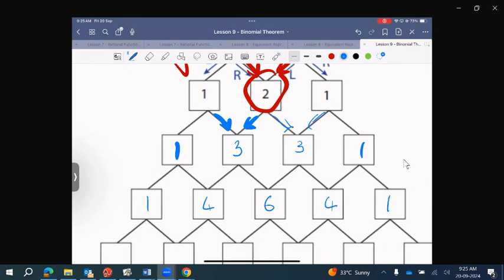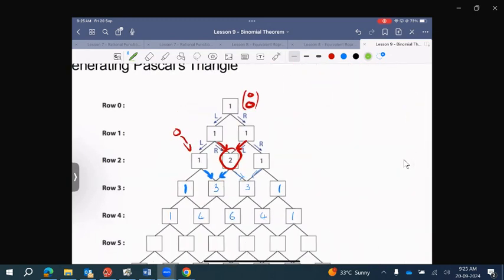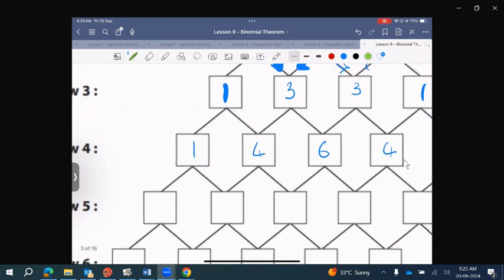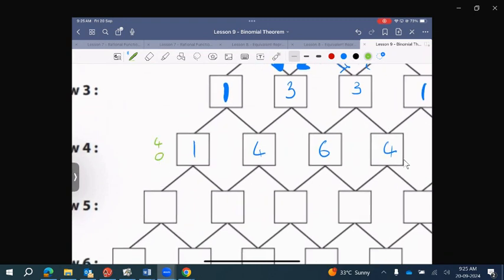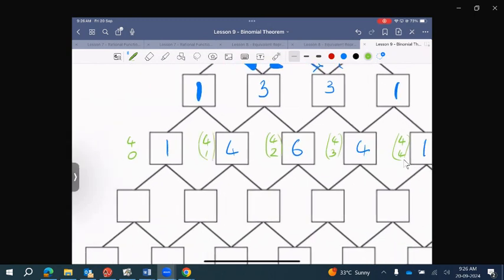So the cells in this row, just zooming in a little bit, which row are we? We are in row 4. So this is going to be cell 4, 0, 4, 1, 4, 2, 4, 3, and the last one is going to be 4, 4. So we can reference the different cells using this technique here.